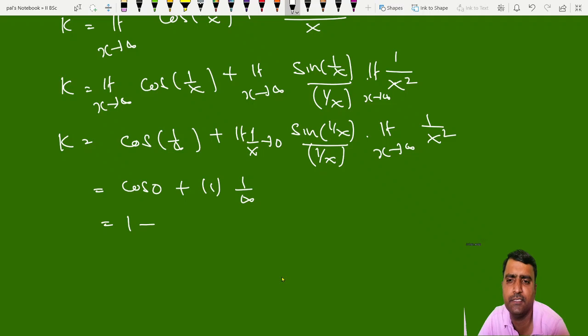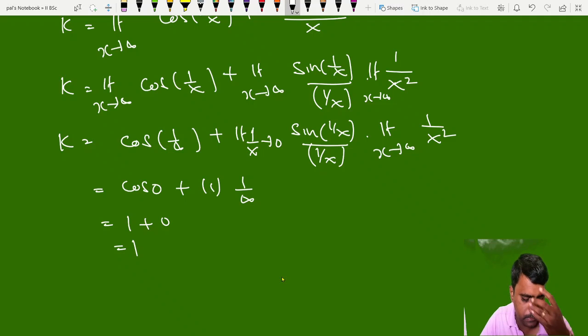So cos 0 is 1, 1 by infinity is 0, so its value is 1. So limit of x cos 1 by x by 1 plus x when x tends to infinity is equal to 1.